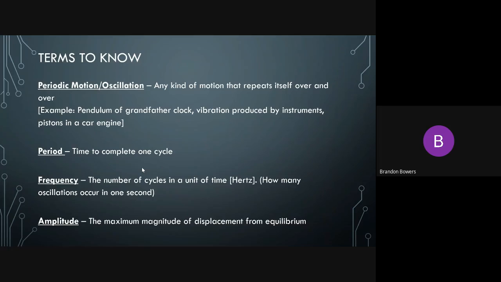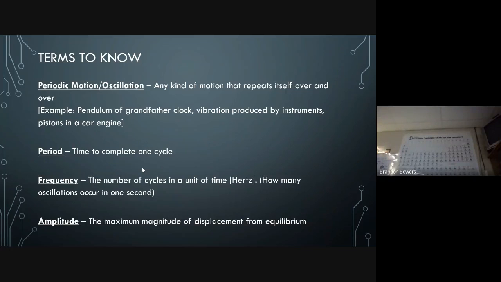Okay, so periodic motion is any kind of motion that repeats itself over and over and over. Period is the time for one cycle. Frequency is the number of cycles in a given time.